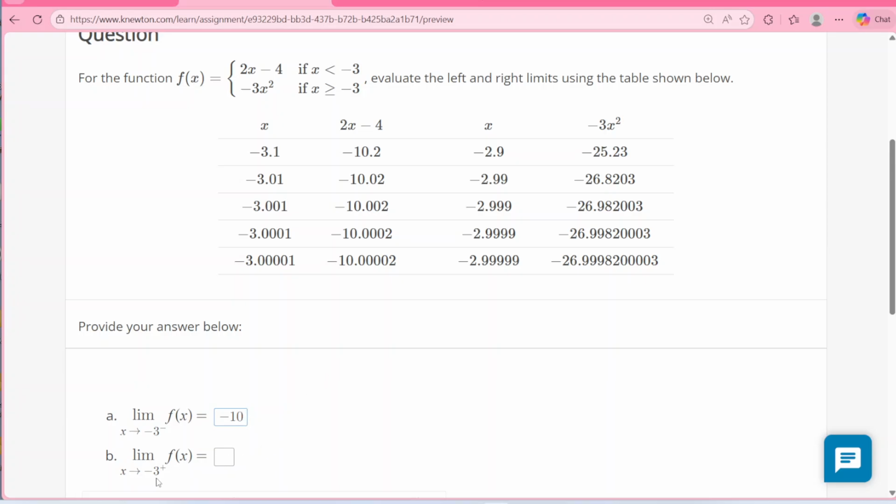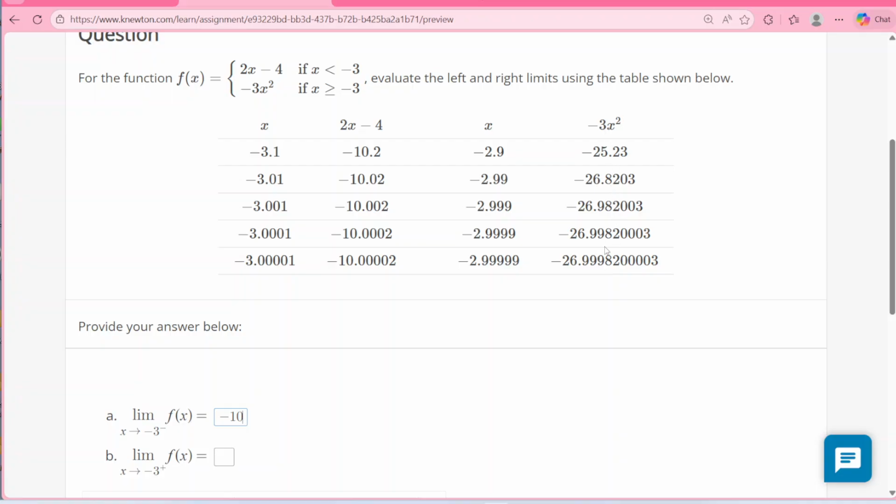And then as x approaches negative 3 from the right, so I'm plugging in values bigger than negative 3 and getting closer and closer to negative 3. So that's this part of the table with negative 2.9, negative 2.99, all the way down to negative 2.99999. And look at the outputs. Negative 25.23, all the way to, when we get closer to negative 3, the output is negative 26.9998.